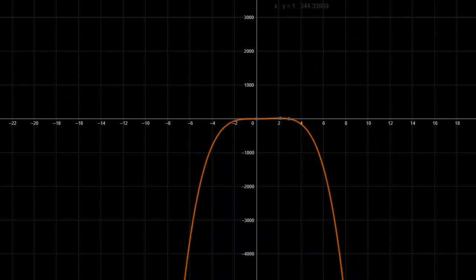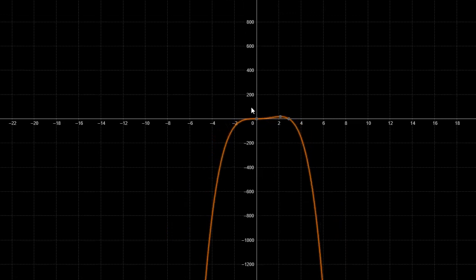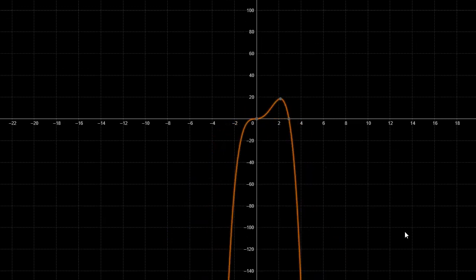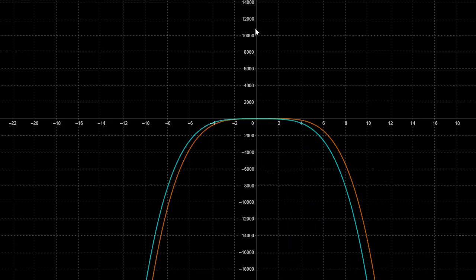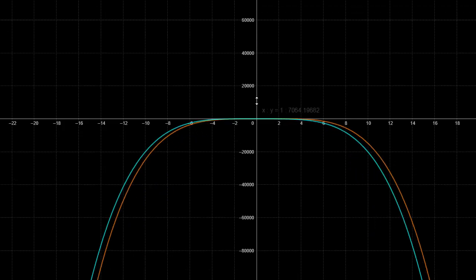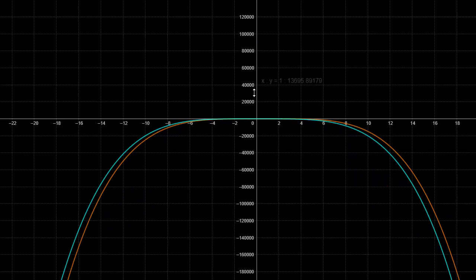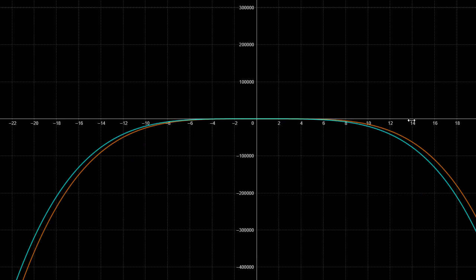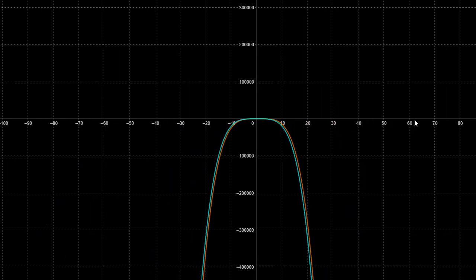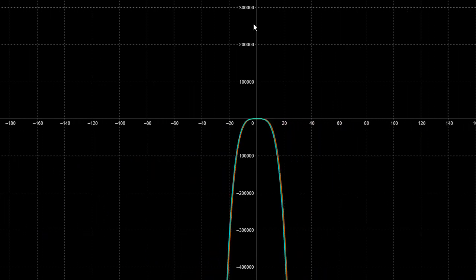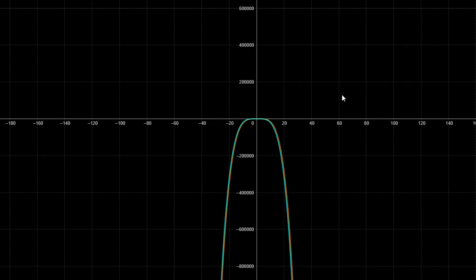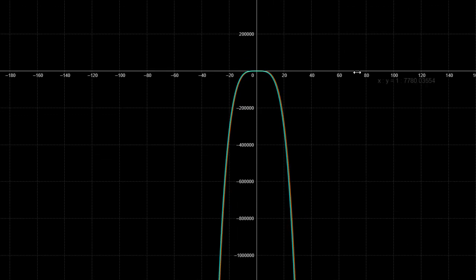All right, and that's also why when I graph this alongside just negative 2x to the fourth and start zooming out, eventually these two graphs will start to look the same. Okay? And there we go.